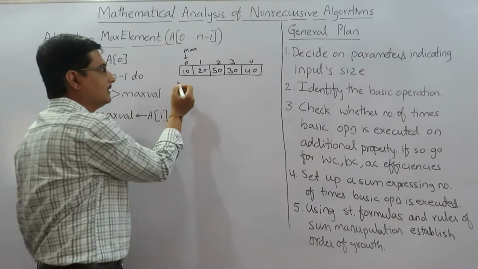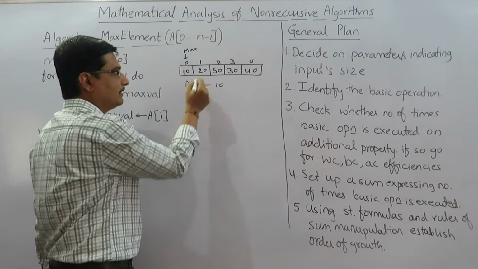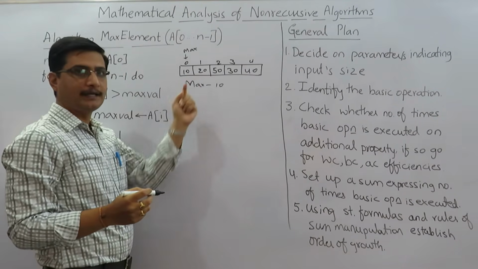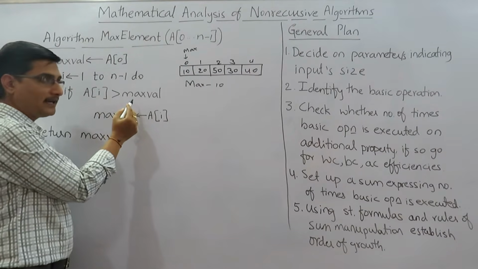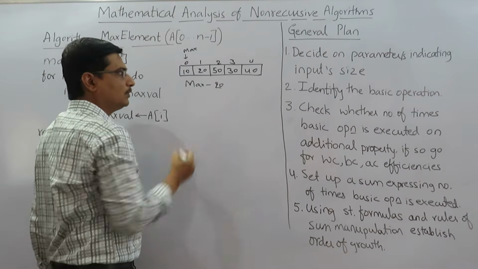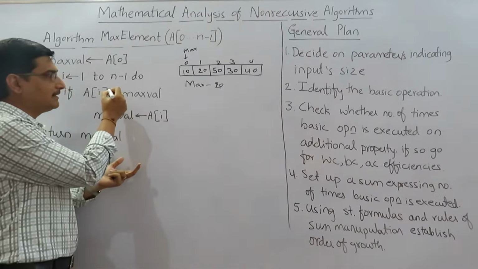Say for example here, initially the max element is 10. Then for i equal to 1, a of i is pointing to 20. Is 20 greater than the present max element, 10? Yes, so the max element is assigned 20. Then i is incremented.